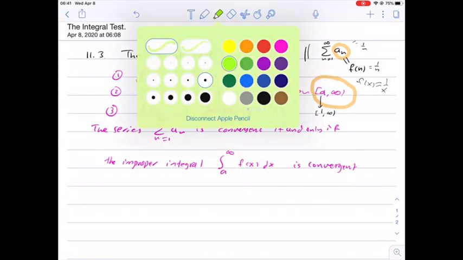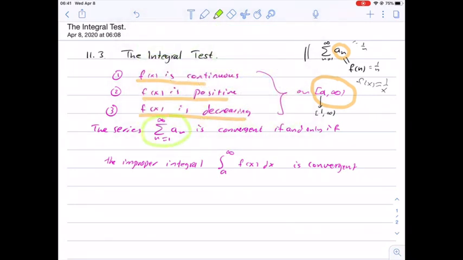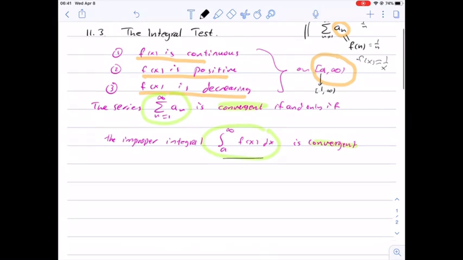Now the series under study, the series a sub n, is convergent if and only if the improper integral is convergent. So if the improper integral is convergent, that means the series is convergent.